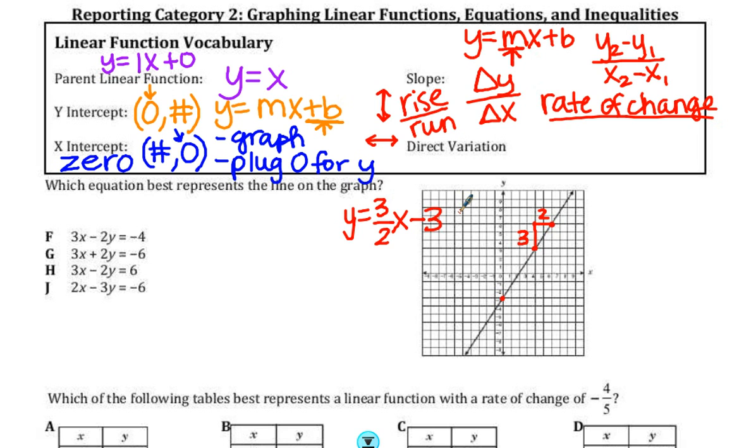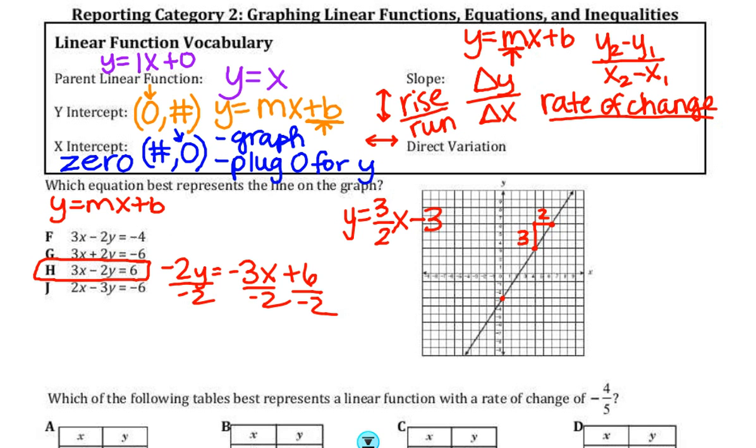Now, my answer choices are all in standard form, so I would need to rearrange each of these so that they look like y equals mx plus b, and see which one gets me there. I'll let you solve through those, and I'll just let you know that the answer, whenever you solve all of these, you'll end up getting H. But you should write these out, solve them on the side, and make sure you're getting the same answer as me.